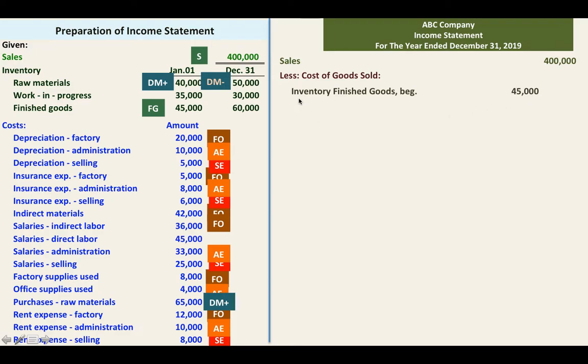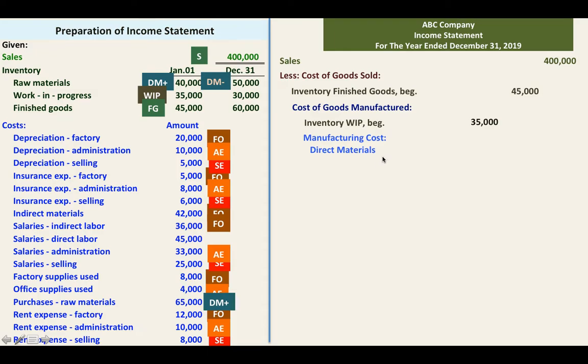And as we have learned, we have to add the cost of goods manufactured. Okay? So in cost of goods manufactured, we have to determine that by adding inventory work in process beginning. So here, your work in process beginning is 35,000, and you have to add your manufacturing cost. Now we have to list down all the manufacturing costs, which are the direct materials.